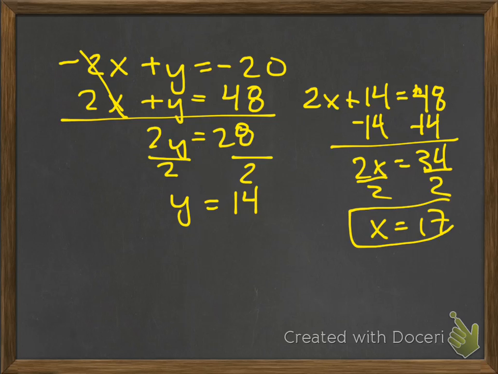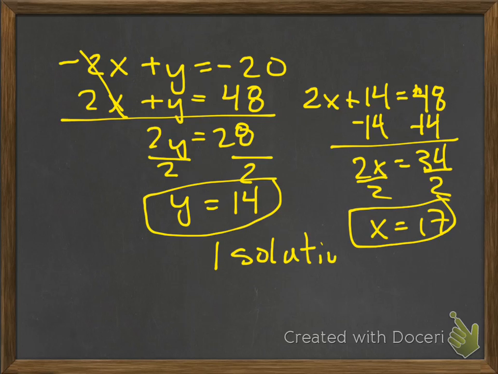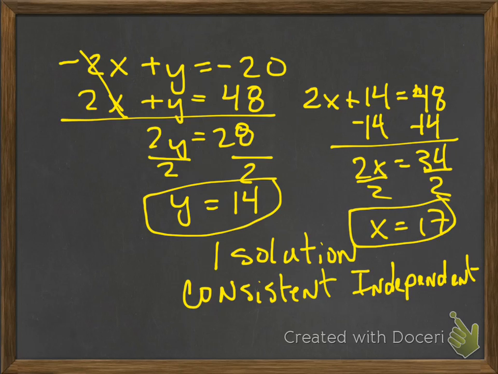When you can get that one x and y answer, this is considered a consistent independent system. Okay, so now you have an idea of how to classify. We'll get some practice with that later.